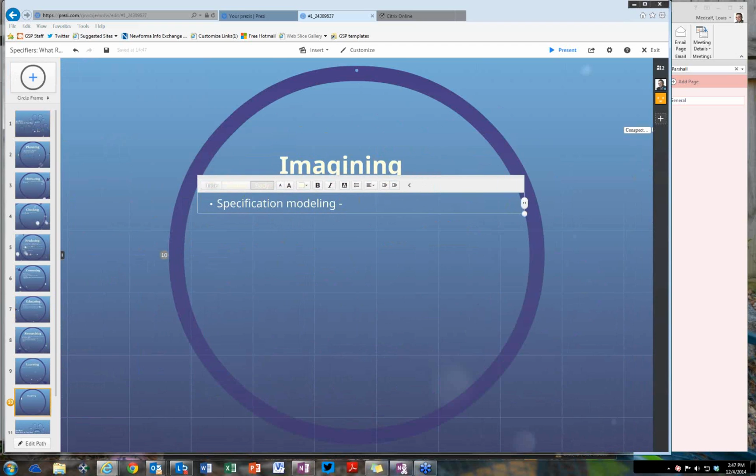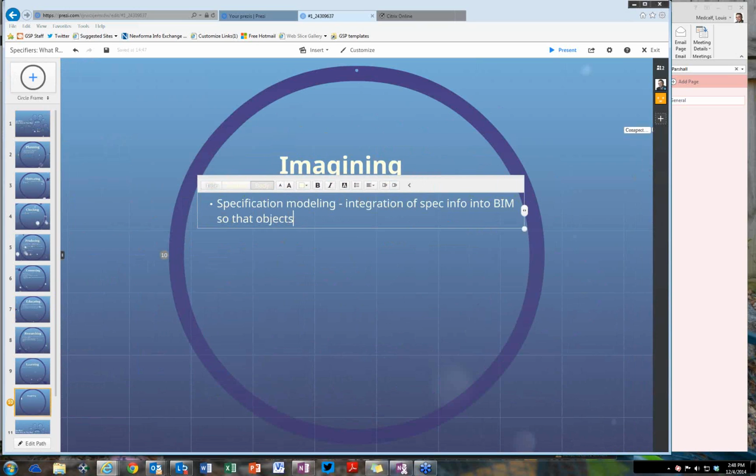And the modeling I'm referring to is something that probably can be said to not be able to happen now, but it's an approach to specifying that will rely on an integration of specification information into a building information model, so that in effect the elements or objects in a model are associated with their attributes and other specification information, and the specifier will actually work in the model or associated with the model in order to develop that information. Like I said, it's not something that can be done today.